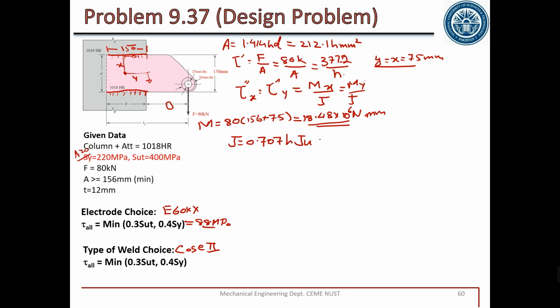So substituting values, the final answer of J is equal to 1.59 into 10 raised to power 6 h mm to the fourth, mm⁴, sorry.